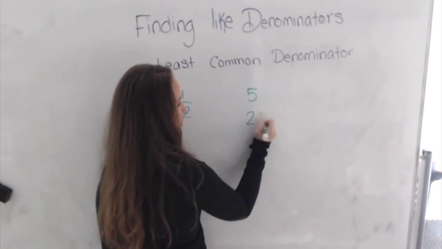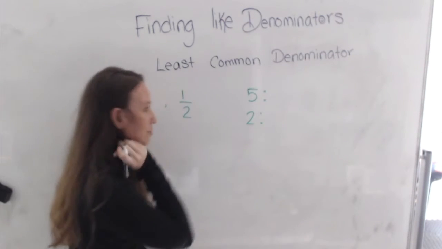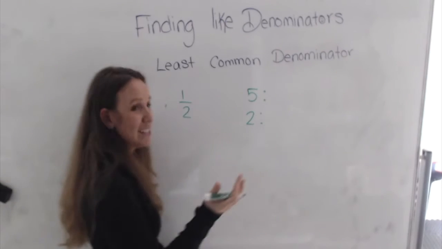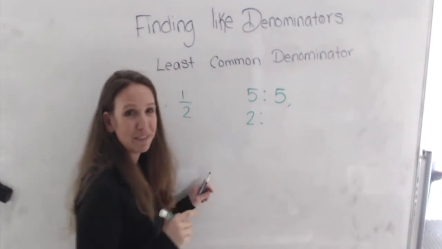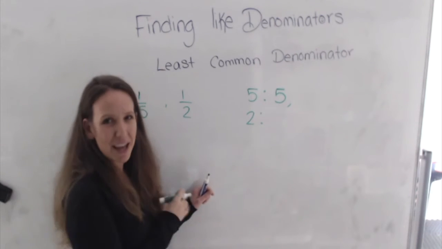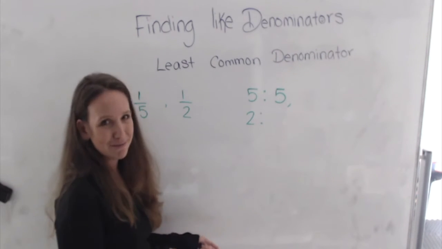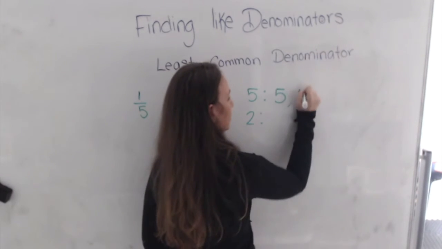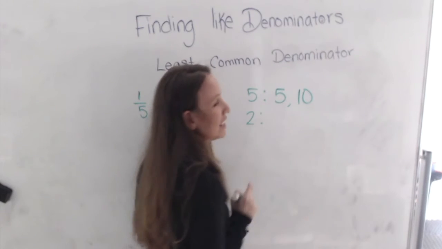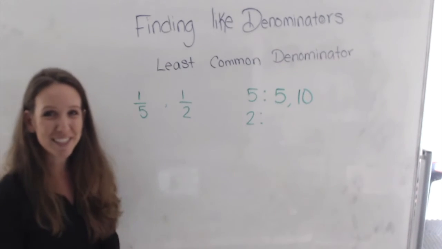Let's write our numbers down. 5 times 1 is 5. But does 2 go into 5 evenly, perfectly, without any remainders? No. How about, what's 5 times 2? 10. Does 2 go into 10 evenly with no remainders?